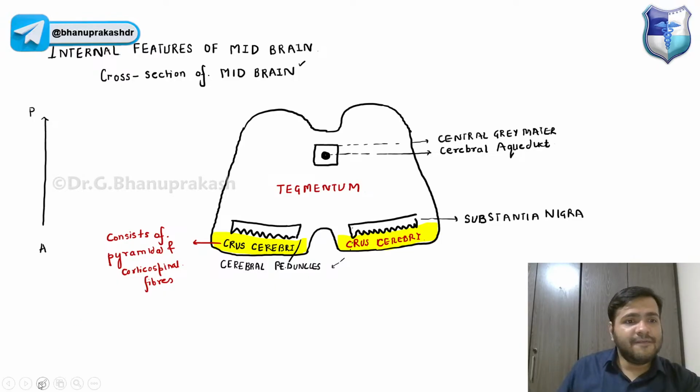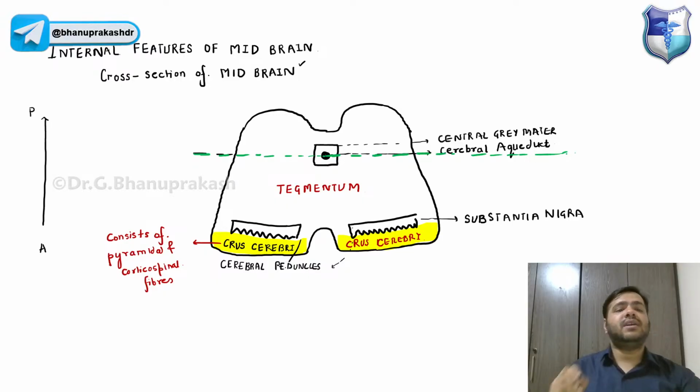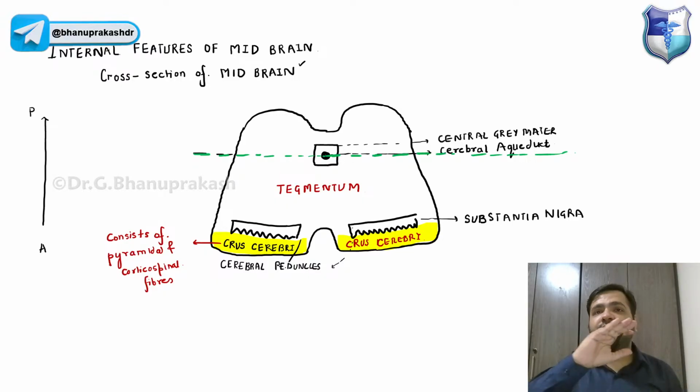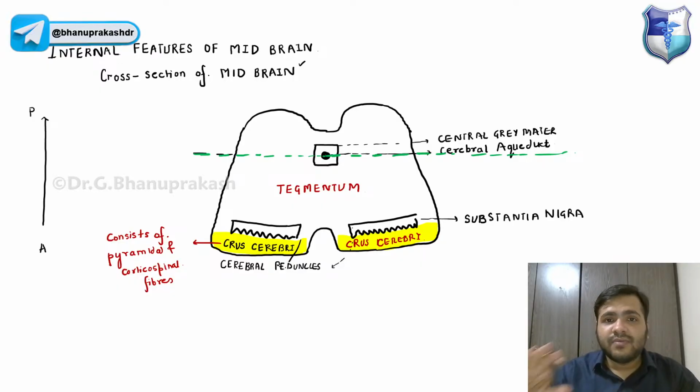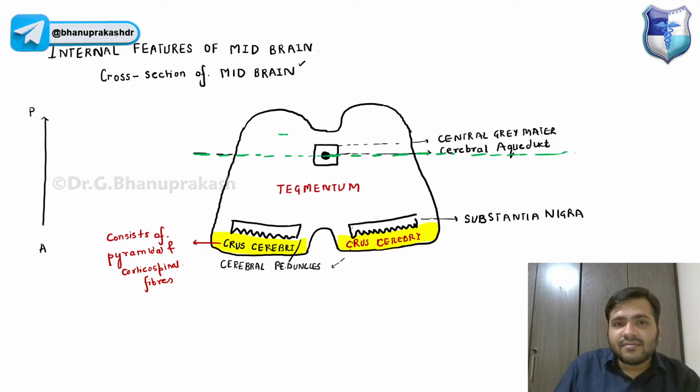And remember, if I try to draw an imaginary line, let me use the green pen, passing through the middle of the cerebral aqueduct, guys, this tegmentum is separated from the most posterior part, which is called the tectum, by this imaginary line which I have drawn from the cerebral aqueduct, right?